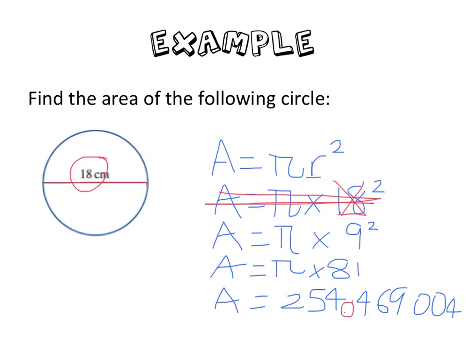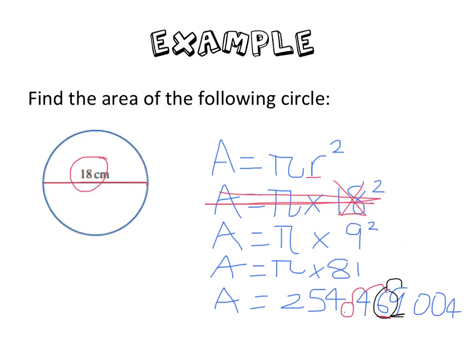Find the decimal point. 1, 2, there's my second decimal place. How do I know if I leave that the same or round up? I look to the digit directly to the right. The one directly to the right is a 9, which means it's greater than or equal to 5.